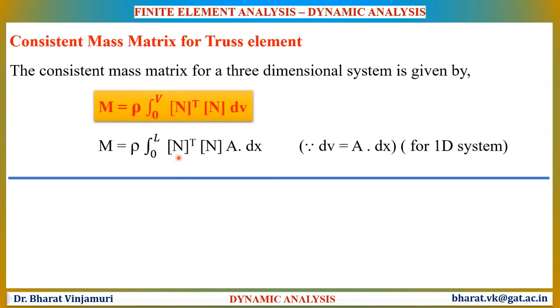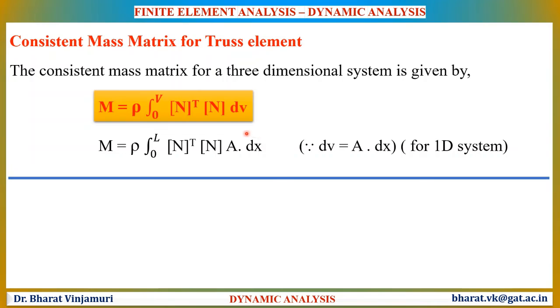Note once again that once the domain changes from a three-dimensional system to a one-dimensional system, even the limits will change. Also, the volume dV is replaced by A into dx. This equation is in terms of global coordinates.